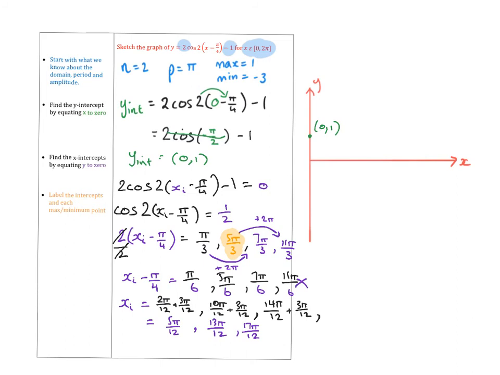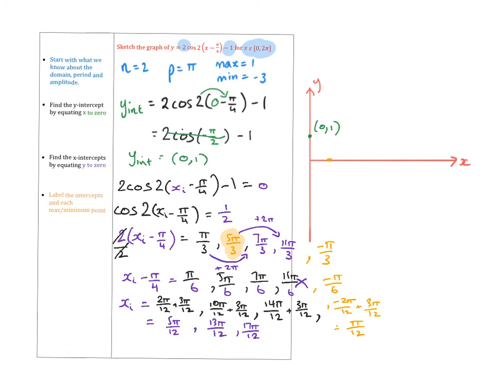So if I'm thinking here that I also had the answer of negative pi on 3, then we divided that by 2, I'd have negative pi on 6. And then if we added that pi on 4, so that would be negative 2 pi on 12 plus 3 pi on 12, we get our first answer, which is in fact pi on 12.